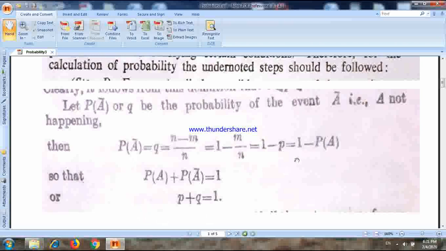So P(A bar) means 1 minus P(A), or we can write this way, P(A) plus P(A bar) equals 1.